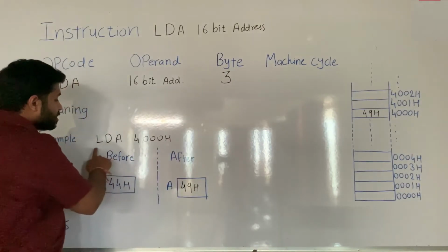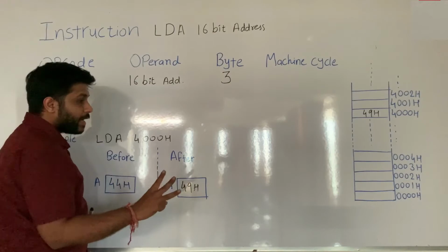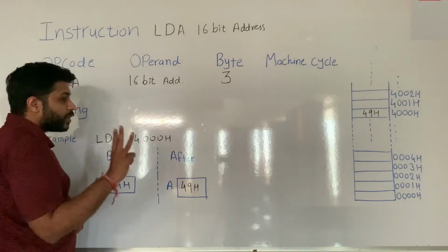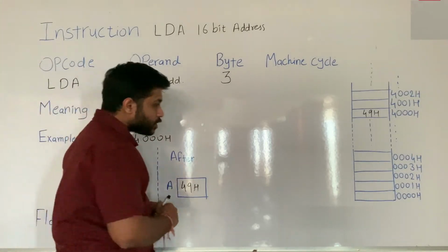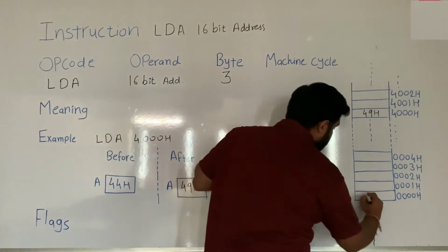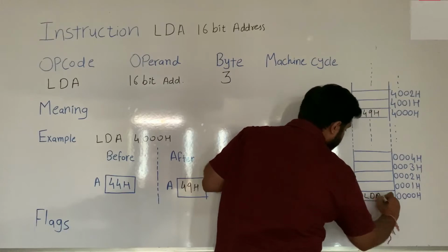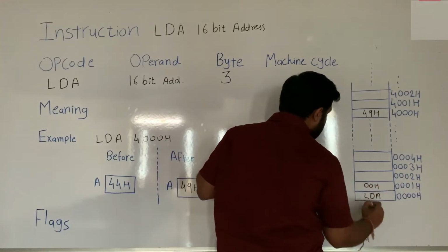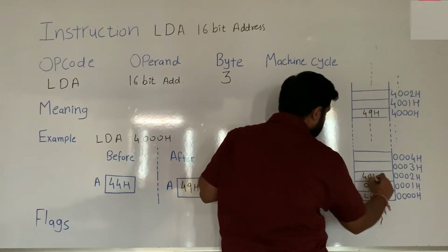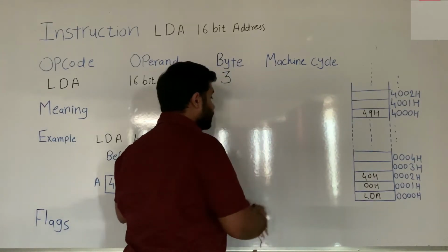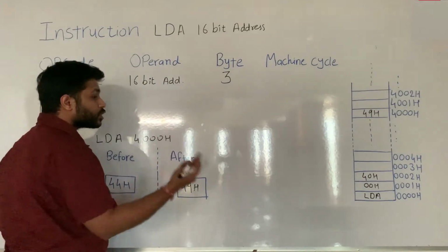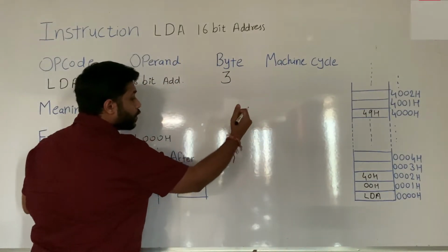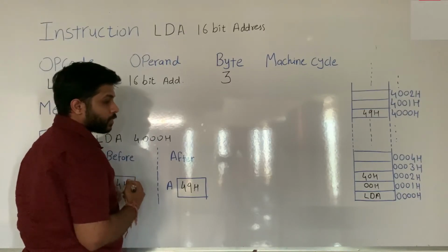Because this instruction is of 3 bytes, this one instruction will occupy 3 memory locations. In the first location, LDA will be there. In the second location, 00H, and in the third location, 40H.